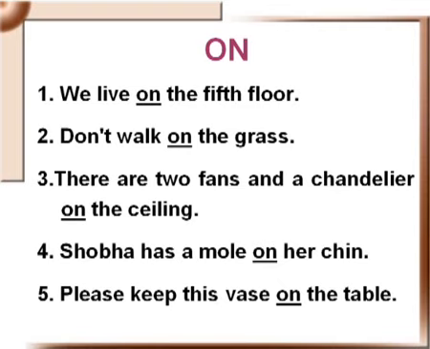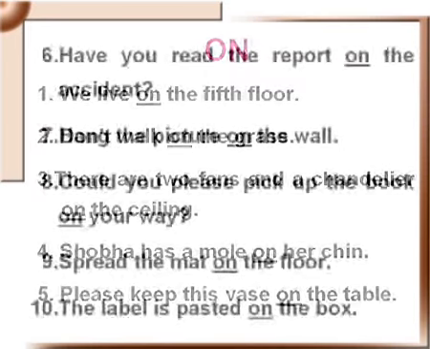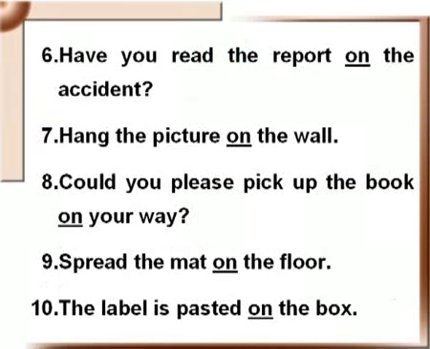Please keep this vase on the table. Have you read the report on the accident? Hang the picture on the wall. Could you please pick up the book on your way? Spread the mat on the floor. The label is pasted on the book.